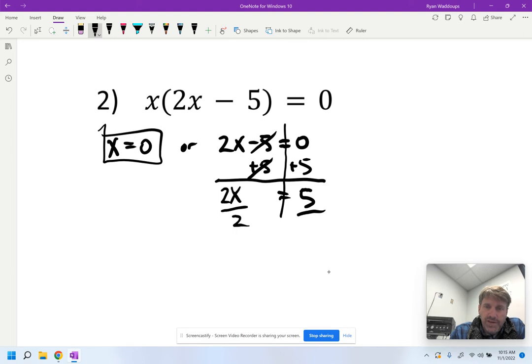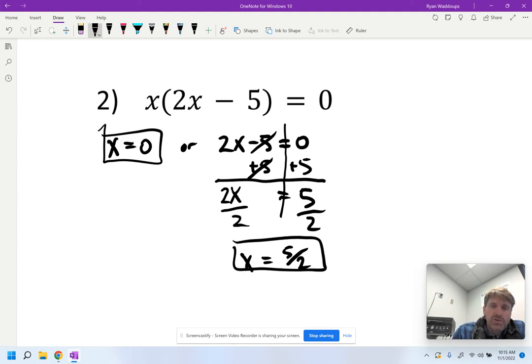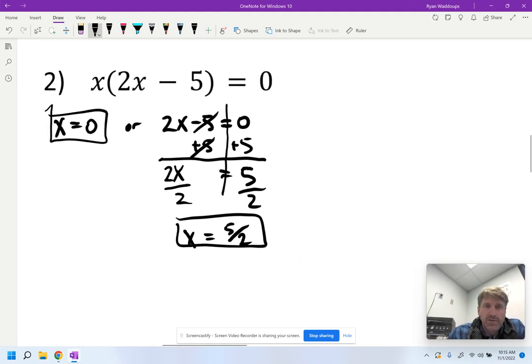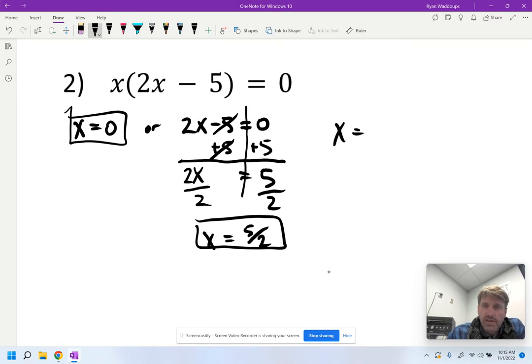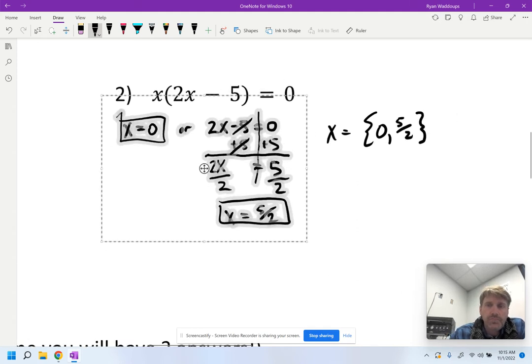So I divide both sides by 2, and x is equal to 5 halves. So those two are solutions. We would write that our solution set is 0 or 5 halves.